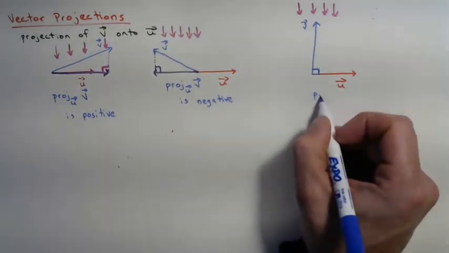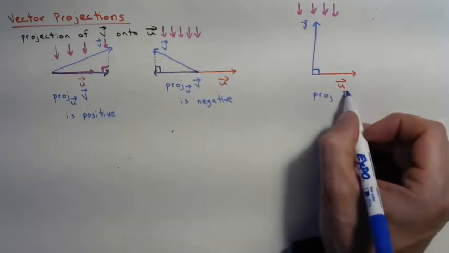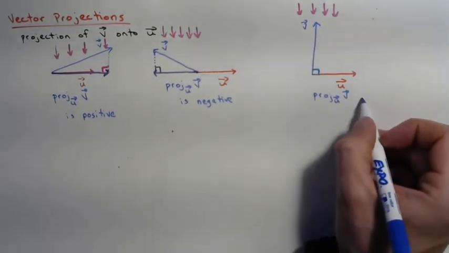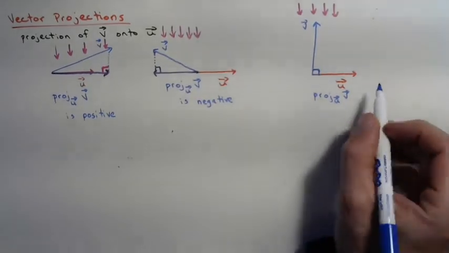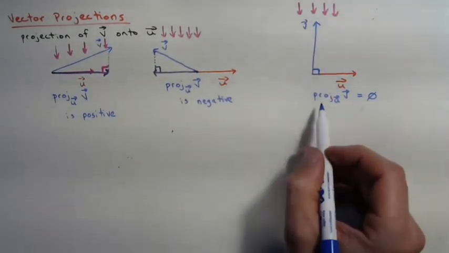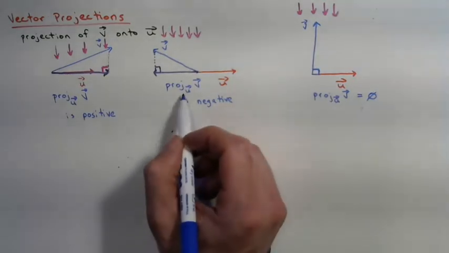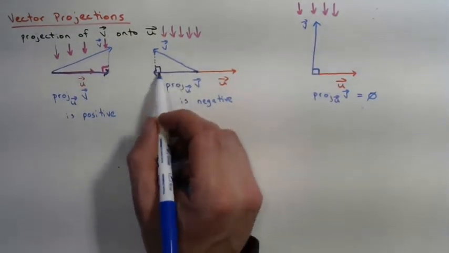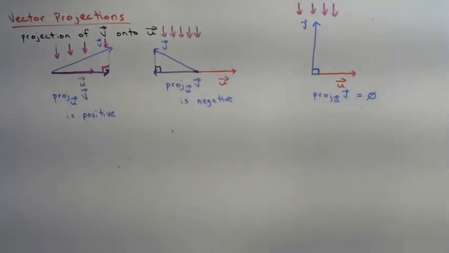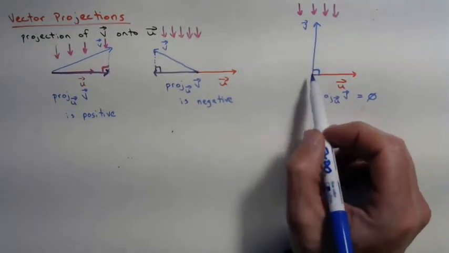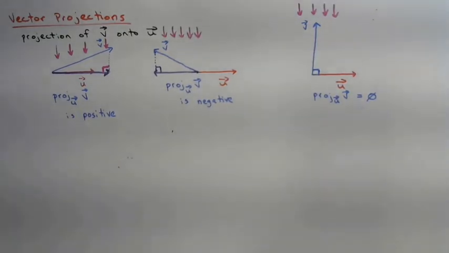And here, the projection of v onto u equals 0. Okay, this is the terminology for the vector. So this projection of v onto u is a vector. It's this purple vector here in each case. And here you can see they're perpendicular, so the projection is going to be 0.